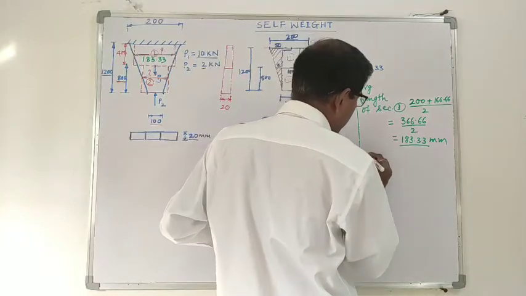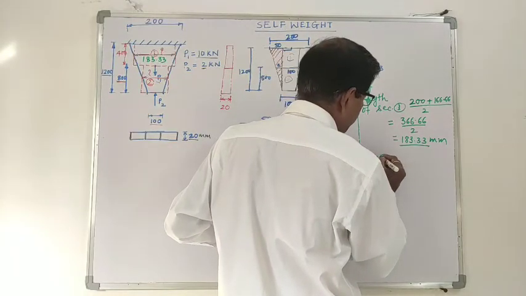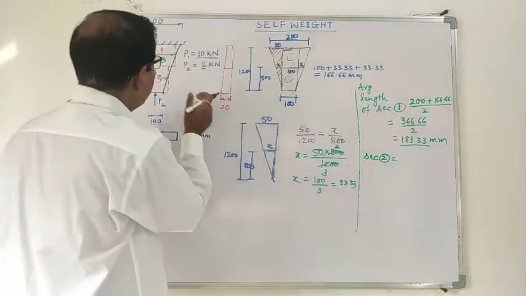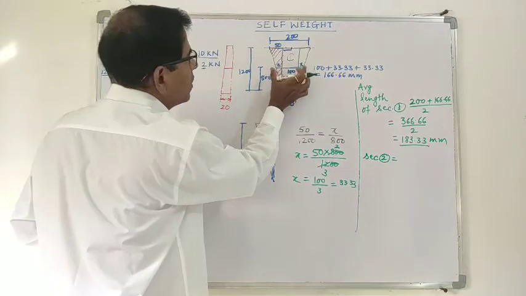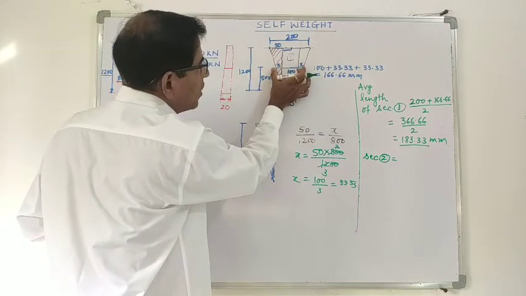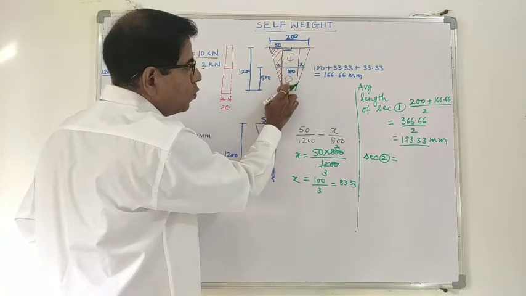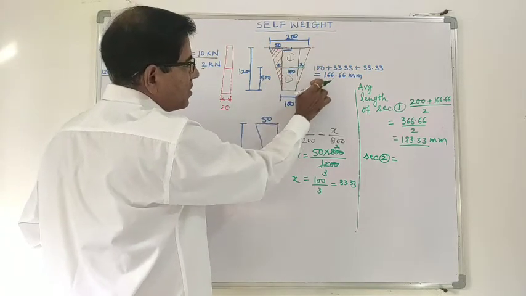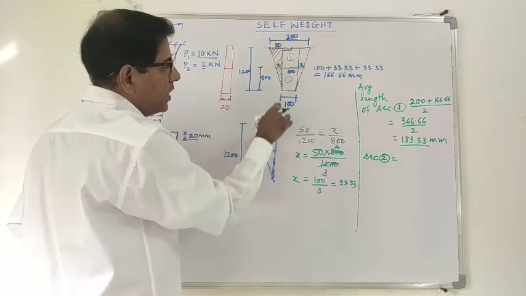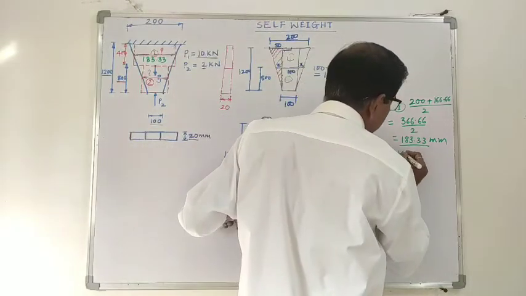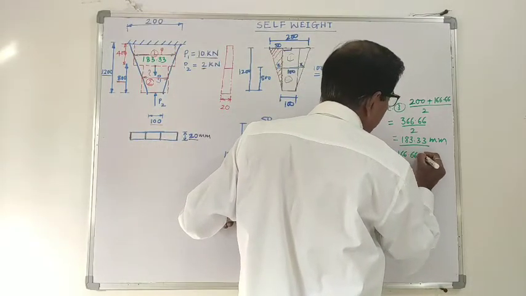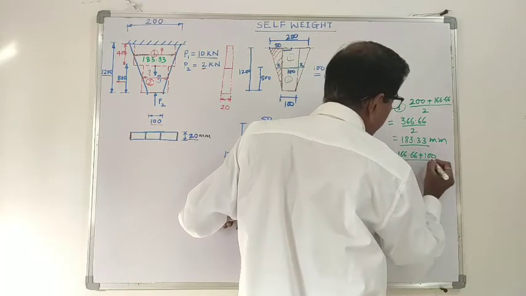Similarly, for section 2, the top side of this section 2 will be 166.66 and the bottom side is 100. So we'll take the average. 166.66 plus 100 divided by 2.